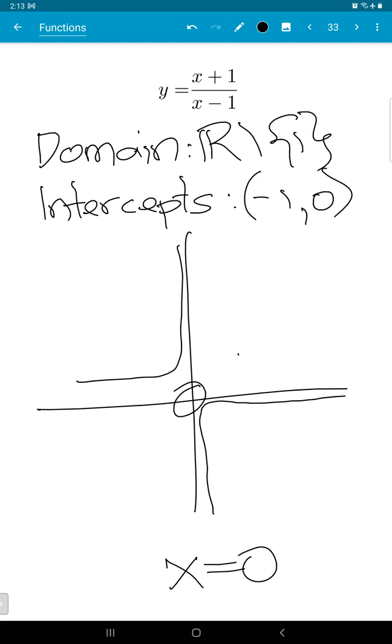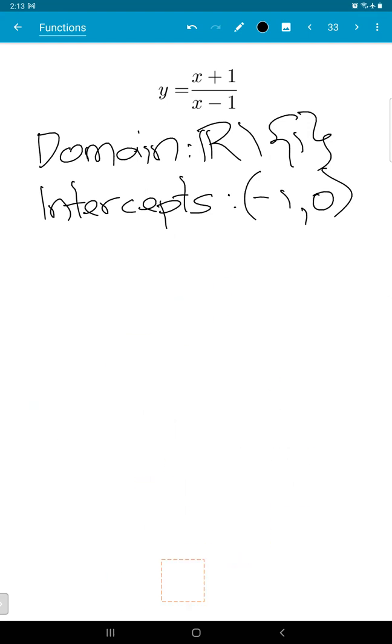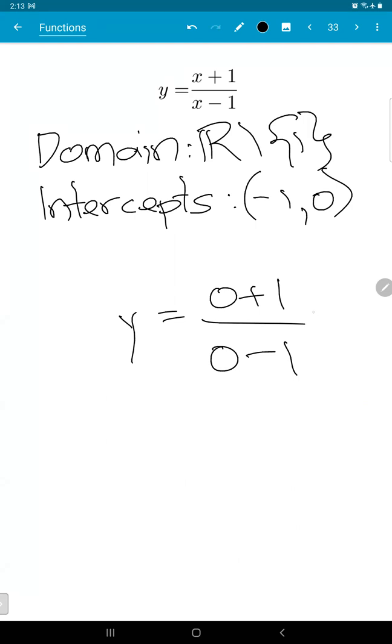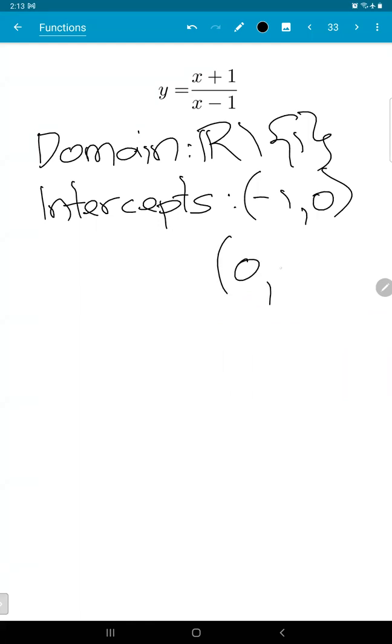That will happen if upon substitution of 0 for x, you get an undefined number, but not in this case. So here's the function. Remember, to get the y-intercept, you set x to 0. So 0 plus 1 over 0 minus 1, and you also get negative 1. So another point you have to put here is the point 0, negative 1.